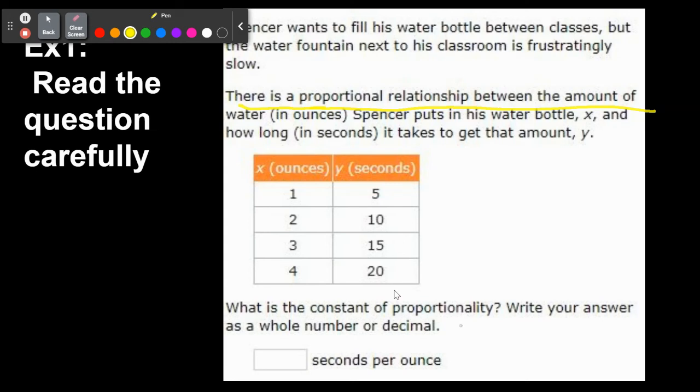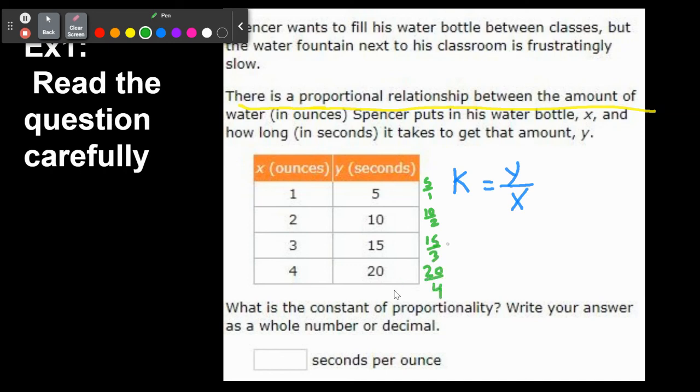So what is the constant of proportionality then? Remember, our constant of proportionality is equal to y over x. It is our unit rates: 5 over 1, 10 over 2, 15 over 3, 20 over 4.